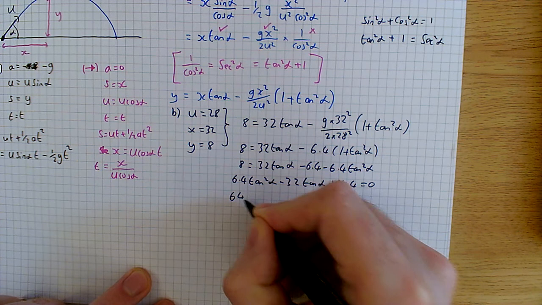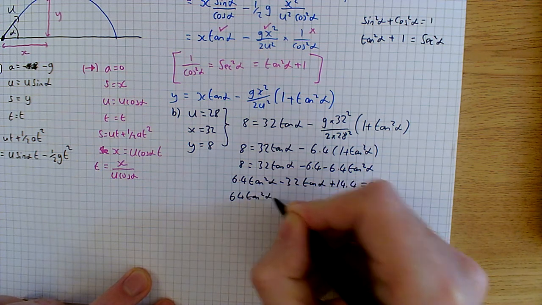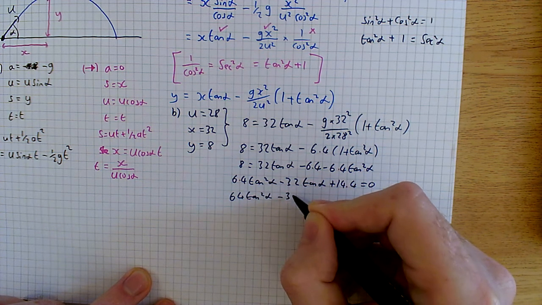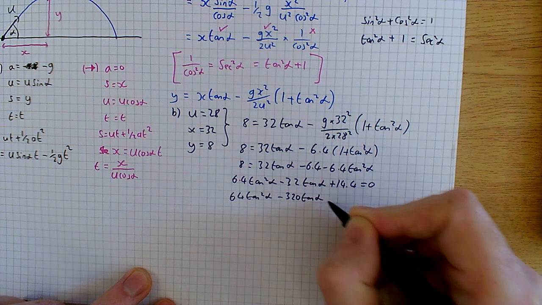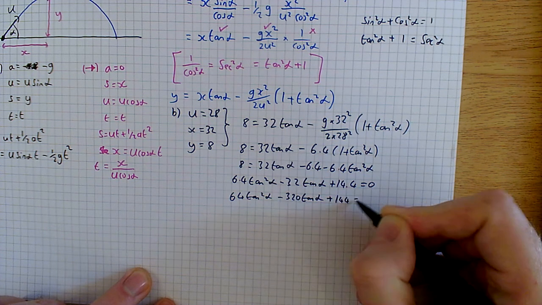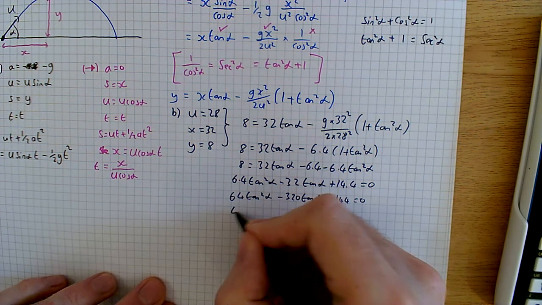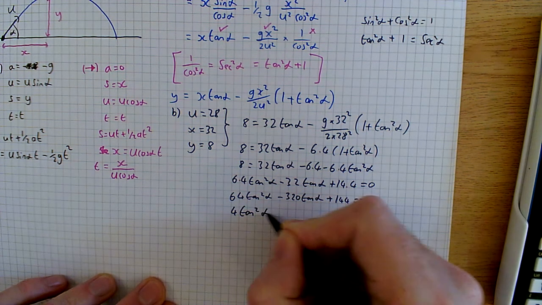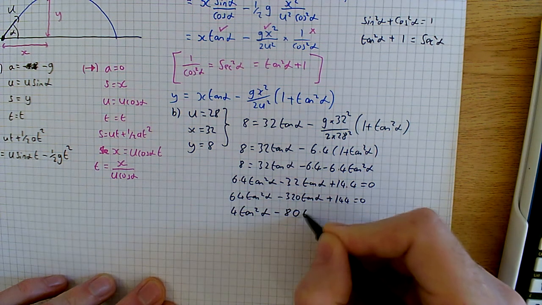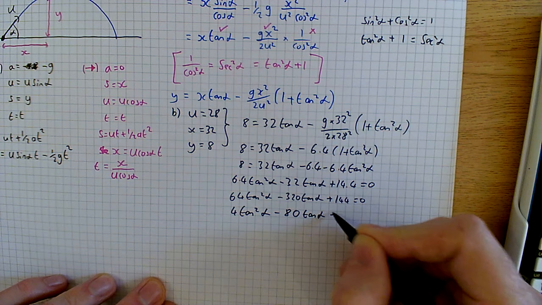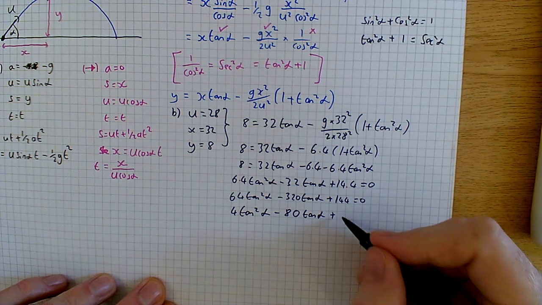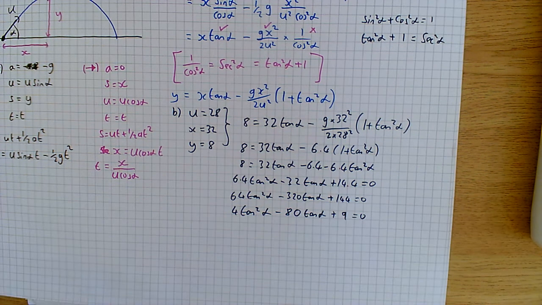So if we times it all by 10, we get 64 tan squared alpha minus 320 tan alpha plus 144 equals 0. Then I can look for common factors. I think looking at that, 16 is going to be a common factor. So this is 4 tan squared alpha minus 80 tan alpha plus 9 equals 0.